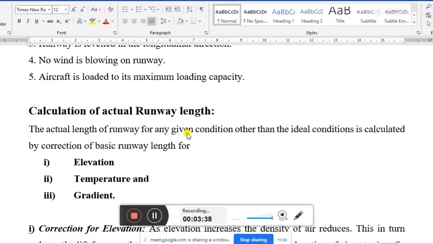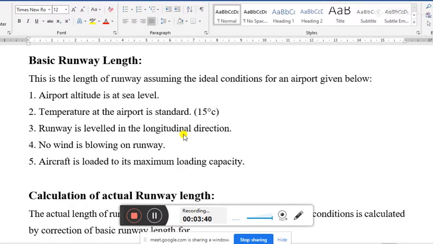Now the question is, what is actually the basic runway length? Basic runway length is actually considering or assuming these five conditions. The basic runway length is a given length of runway, that means for any problem or any practical case, you will be given that basic runway length, assuming these five ideal conditions.